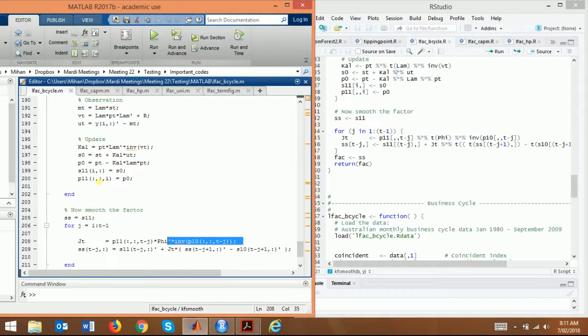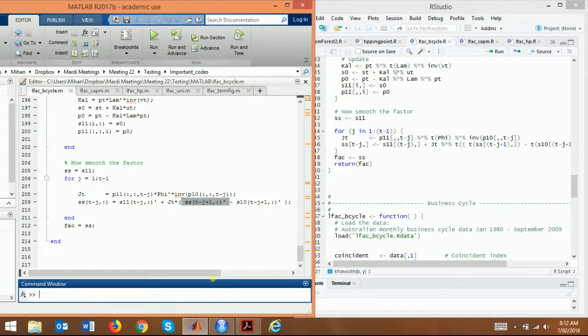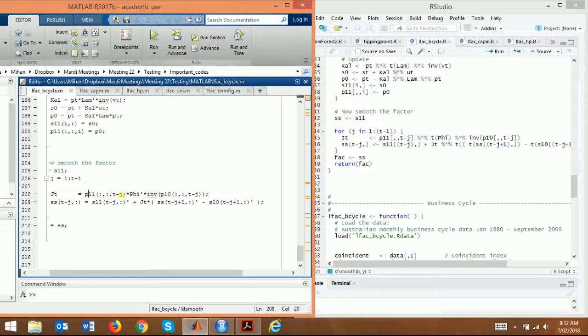P11 is the update, P2 is the prediction. Then S1 for all parameters and the whole sample, and then S11 J times S2 1 for all the samples.